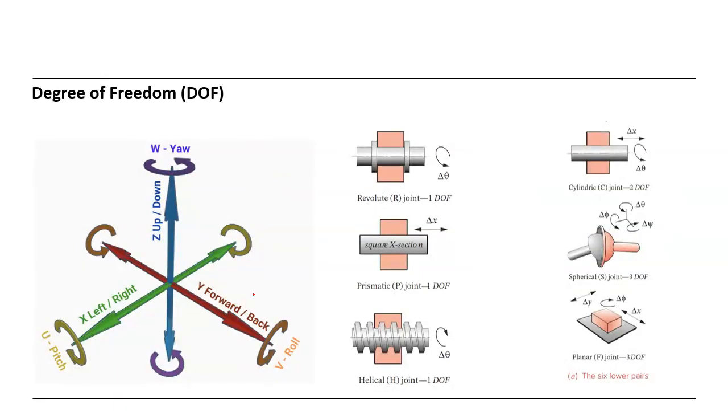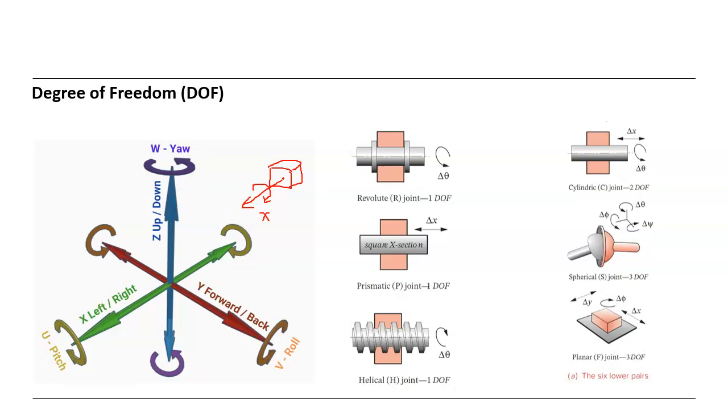Generally, if we use any object, let's have an object like this one. It can move in x direction, isn't it? In x direction. And it can also rotate around the x direction, 2 freedoms.